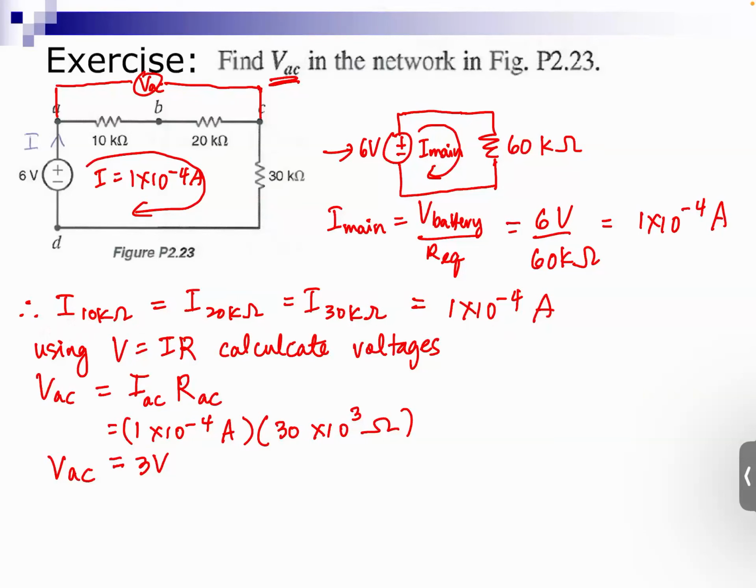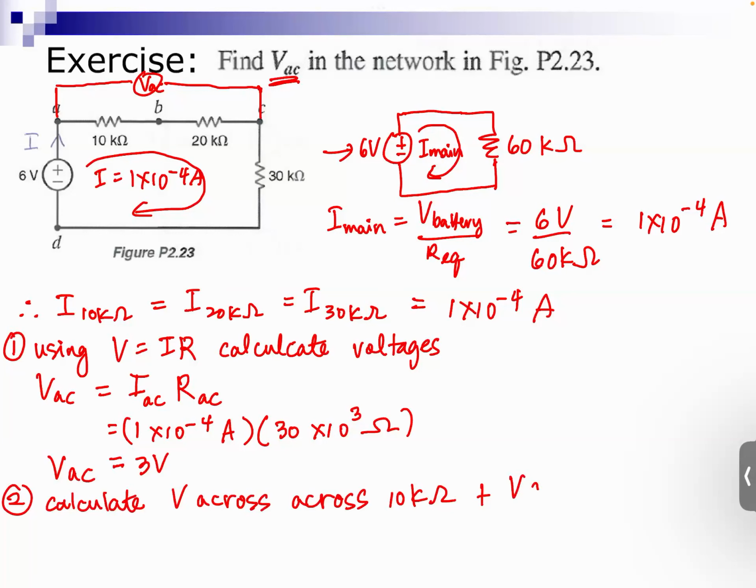Once you know the current through the individual resistors, you can calculate the voltage across each resistor, across the 10 kilo ohm resistor, and add that to the voltage across the 20 kilo ohm resistor, because in series, the voltages add up.